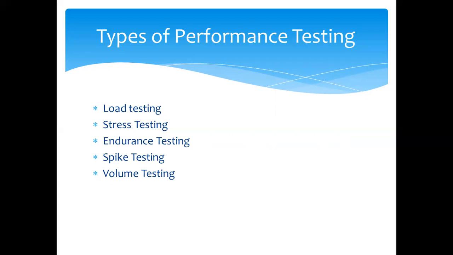At that time, the number of users increases drastically from 1 lakh to 10 lakhs. The sudden spike at 12 o'clock generates a huge load on the application. Testing that spike is called spike testing.